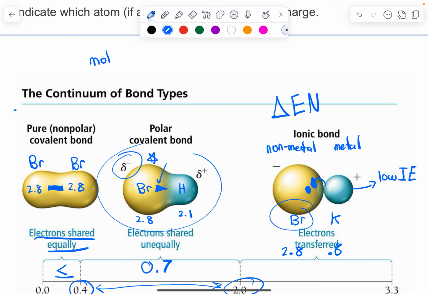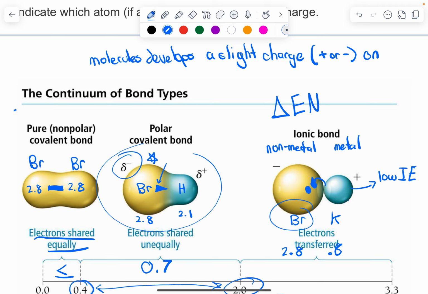So the molecule develops a slight charge, and by charge I just mean positive or negative, on each side: positive on the less electronegative side or less electronegative atom, negative on the more electronegative atom.